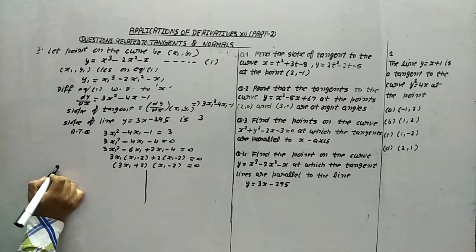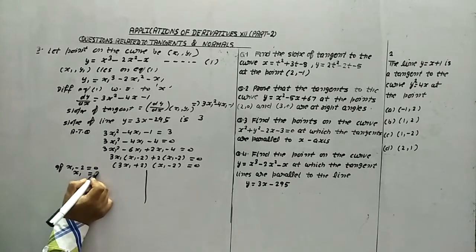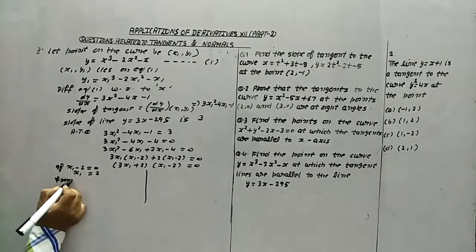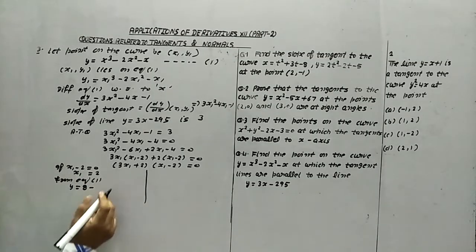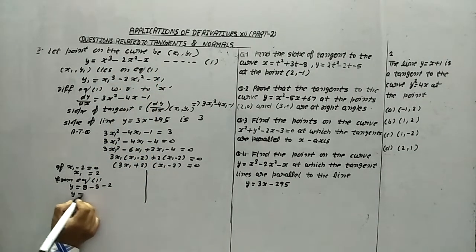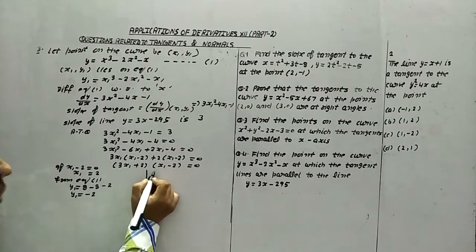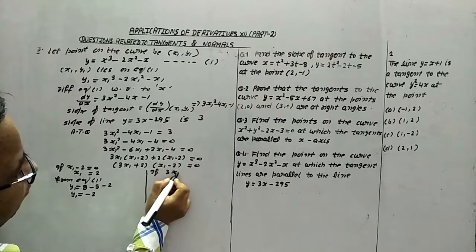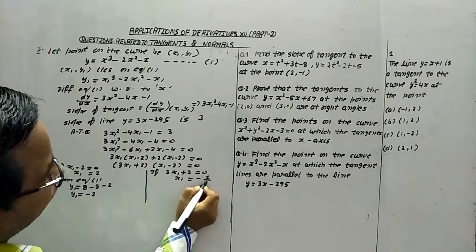Now there are two parts. If x1 minus 2 is equal to 0, it means x1 is equal to 2. It means from equation 1, y is equal to 8 minus 4 times 2, that is 8, and this is minus 2. It means y1 is equal to minus 2 only. Now if 3x1 plus 2 is equal to 0, it means x1 is equal to minus 2 by 3.